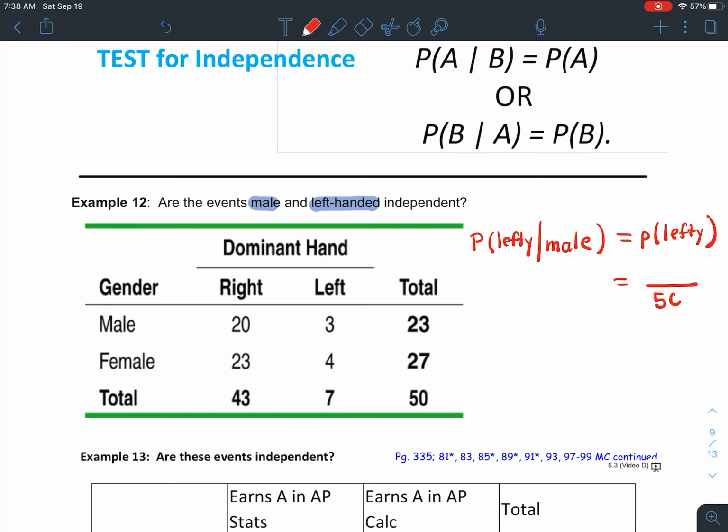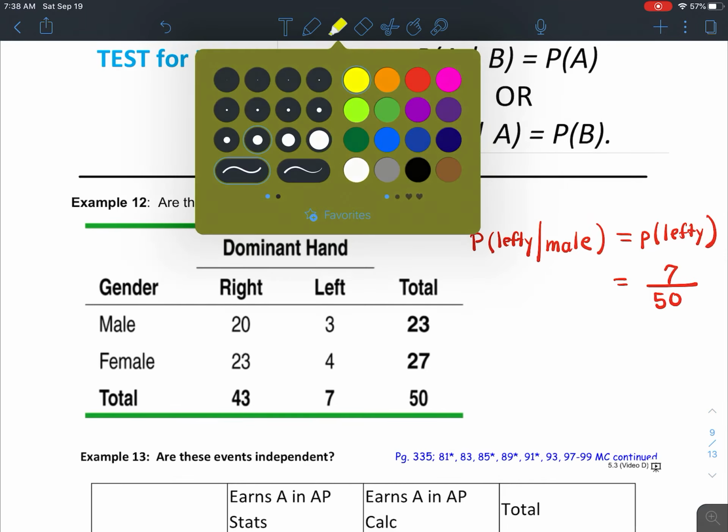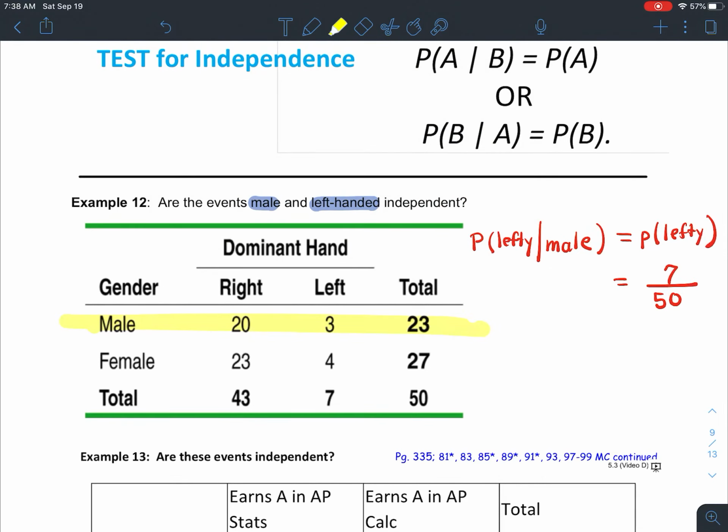And if these are truly independent of each other, then that should just equal the probability that someone is a lefty. Let's do that part first. The probability that someone from this group of 50 is left-handed. We're just saying everybody all together, the 50 people, but 7 of them were left-handed. So that's the probability that I pick someone and they are left-handed.